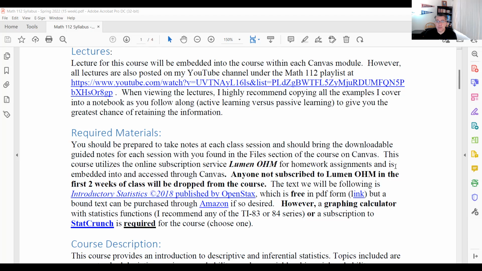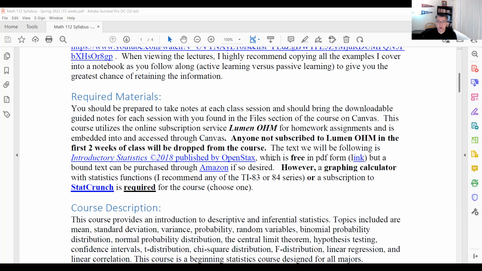Lumen OHM for the homework assignments, and it's embedded into and accessed through Canvas. Anyone not subscribed to Lumen OHM in the first 2 weeks of class will be dropped from the course. The text we'll be following is, we already talked about that, which is a free PDF. There's a link there, but if you want to purchase a bound text, you can do so through Amazon.